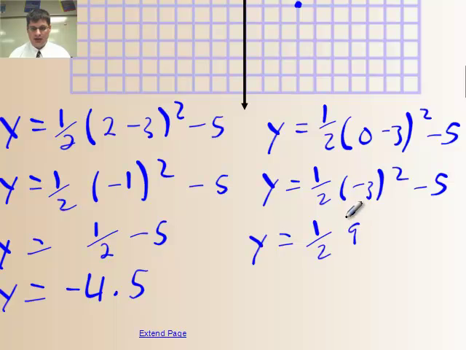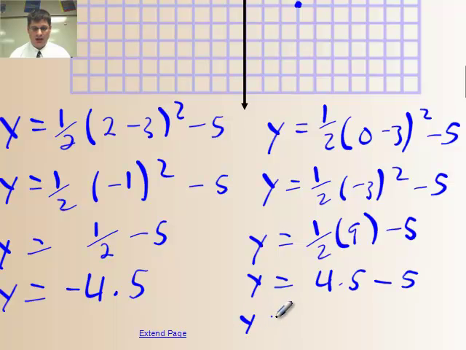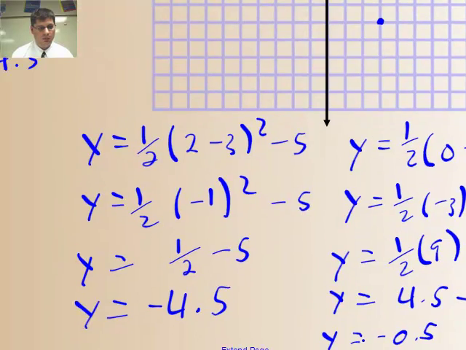That's going to give us a +9 minus 5. 1/2 of 9 is 4.5 minus 5. Thus, y is equal to -0.5.